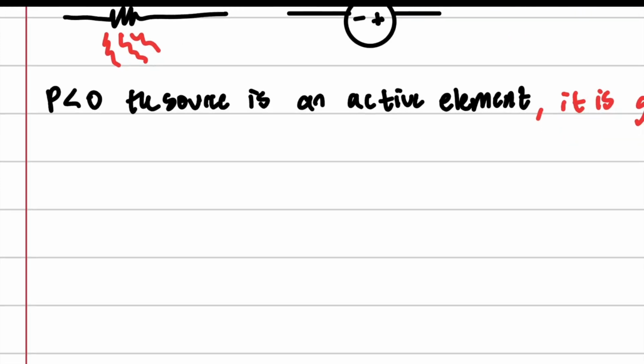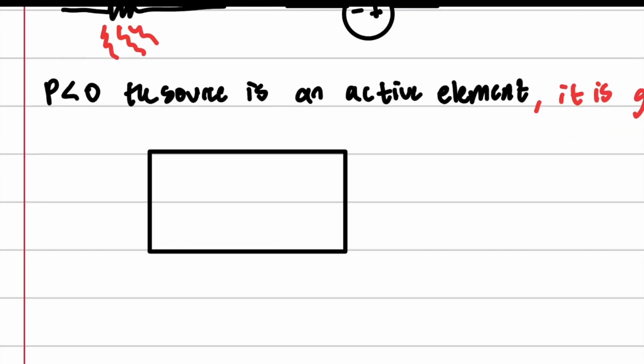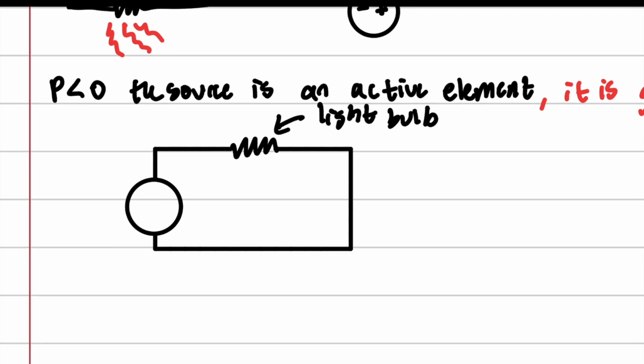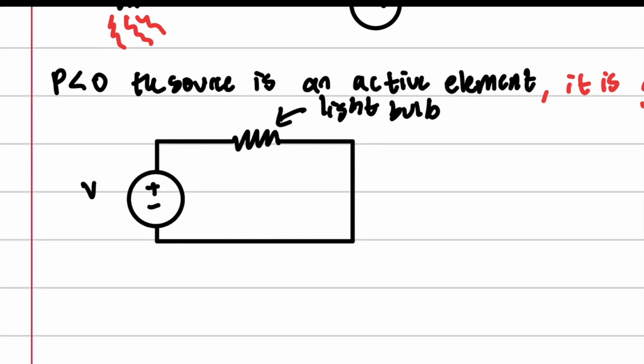So if we have a circuit like so, and say that this resistor was a light bulb, and we had our voltage source right here, plus minus, there would be a current going through like this, and we have a negative side, and so the current is going into the negative side, going out.